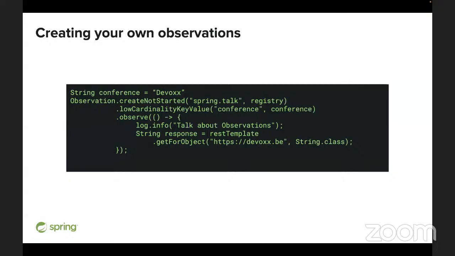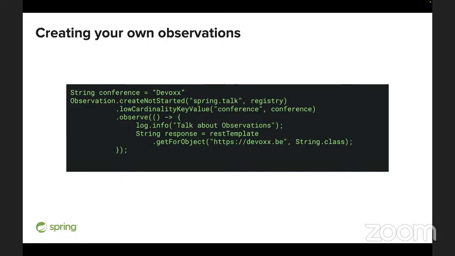Let's say you want to create your own observation because whatever API you have needs some kind of counter, or something you want to observe. This is an example of the new observation API. Everything is interesting, but the more important bit, I would say, is the observe lambda block.